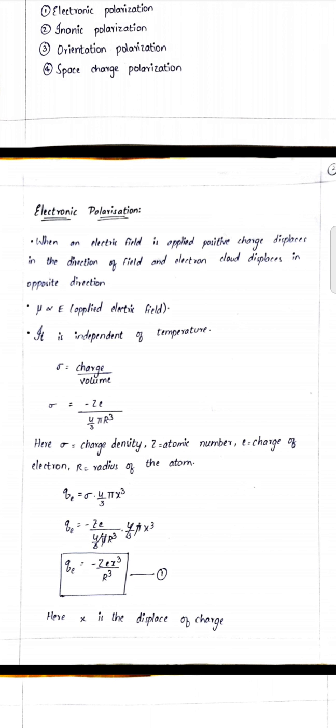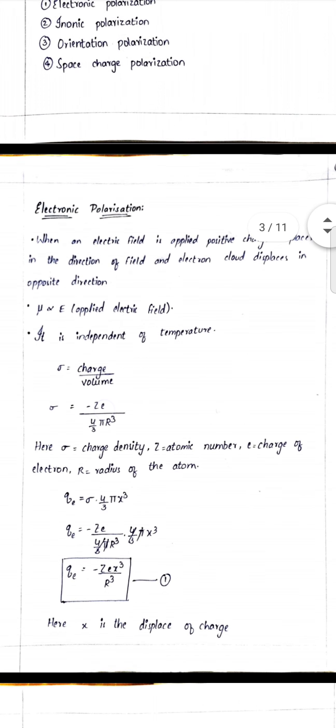Electronic polarization, as the name suggests, is due to the electrons. When an electric field is applied, the positive charge displaces in the direction of the field and the electron cloud displaces in the opposite direction. Polarization means there is a displacement or some change in direction.